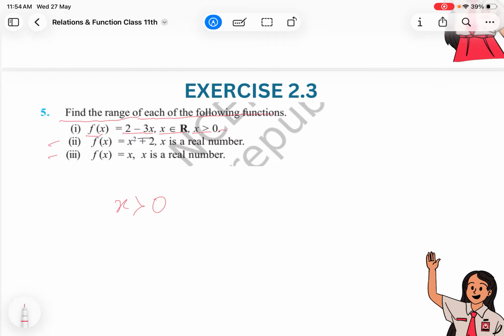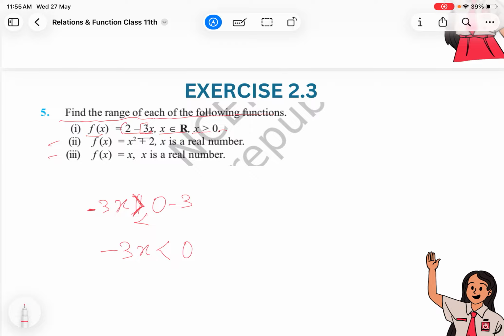Okay, so if we multiply this x, the multiple of x is minus 3. So if we multiply both sides by minus 3, in an inequality, when we multiply both sides by any negative number, the sign will change, right? So it will be minus 3x is less than 0.